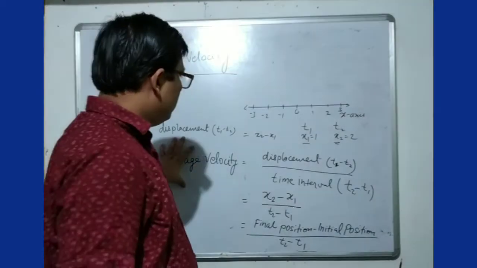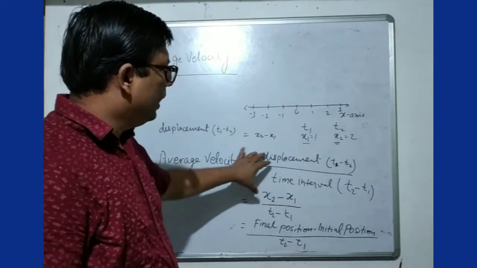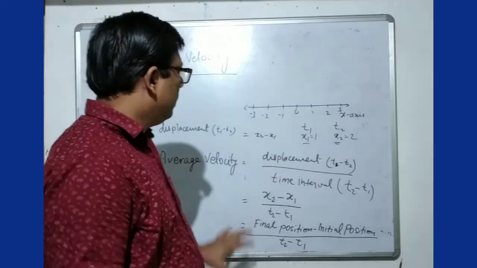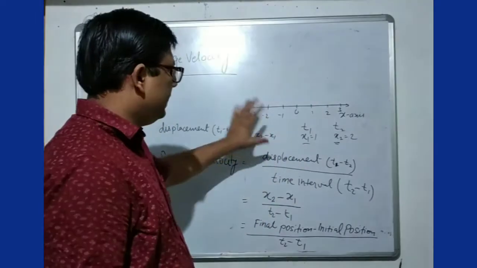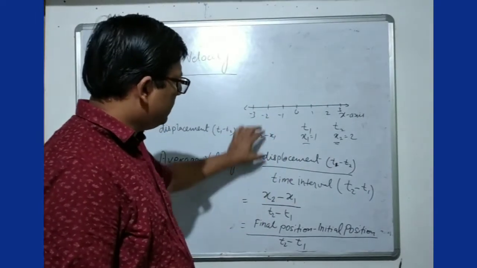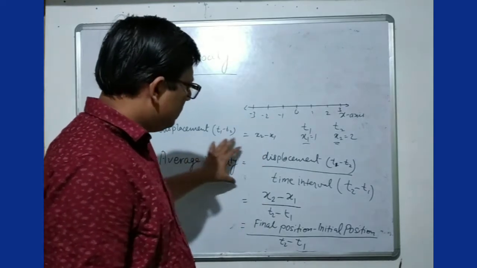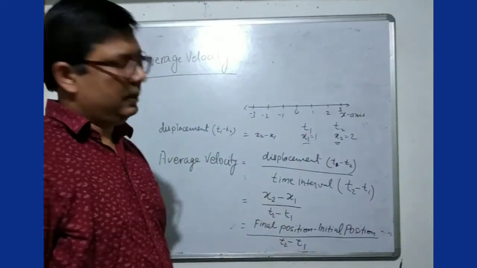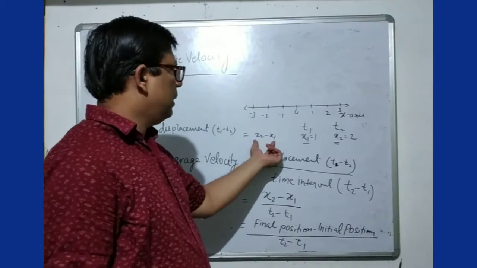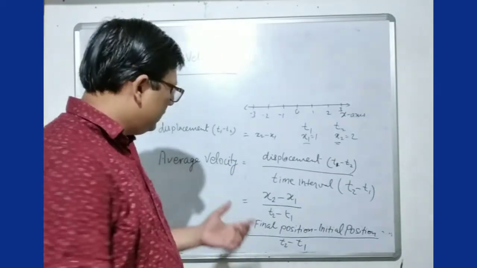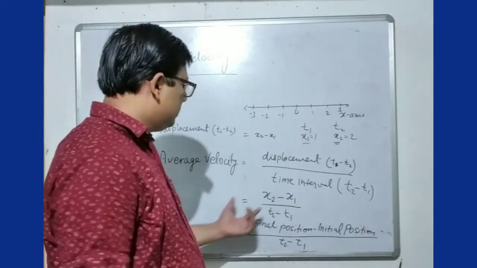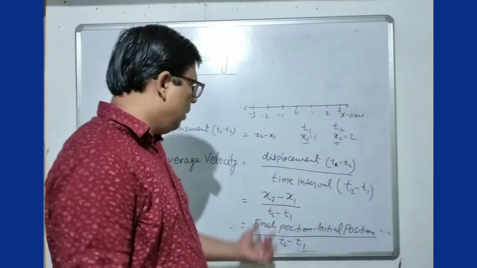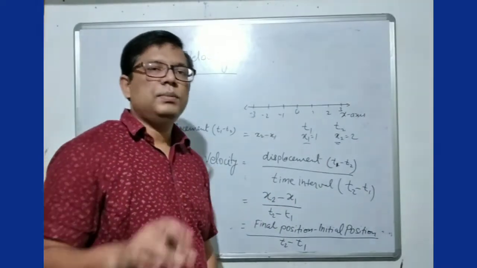See, this average velocity is related to displacement. Now displacement has some direction, so this average velocity will also have some direction. If x2 minus x1 is coming positive, then the average velocity will be positive, because the time interval will always be positive.